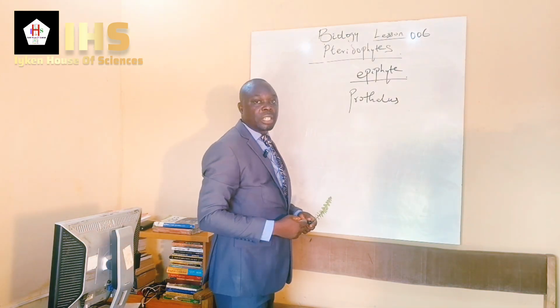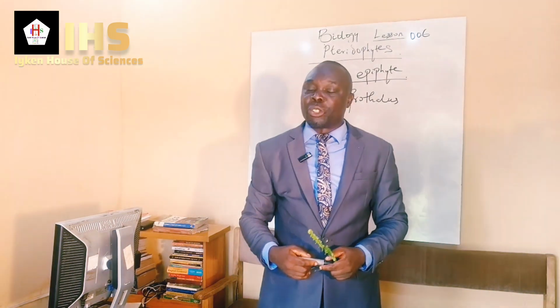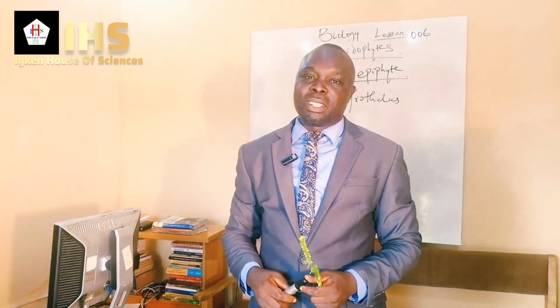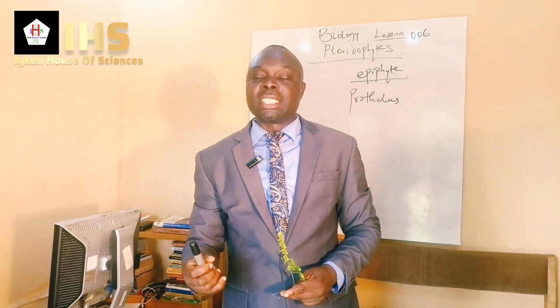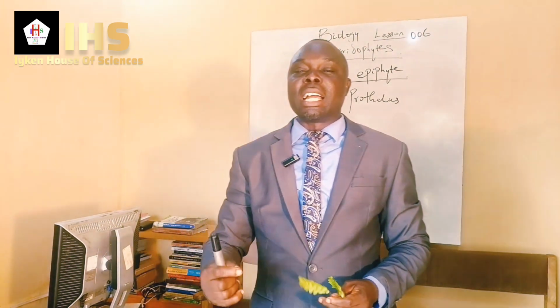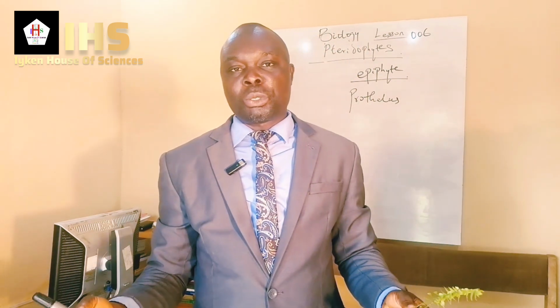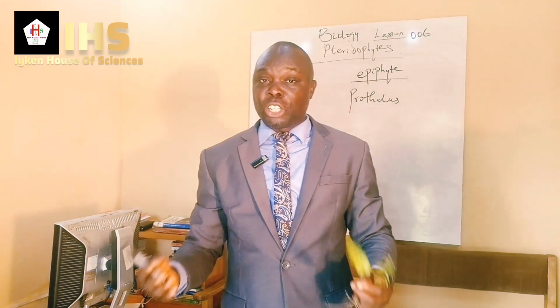The prothallus contains both the antheridium and archegonium. I've told you that it is in the antheridium that the male gametes are produced. And I have told you also that it is in the archegonium that the female gametes are produced.